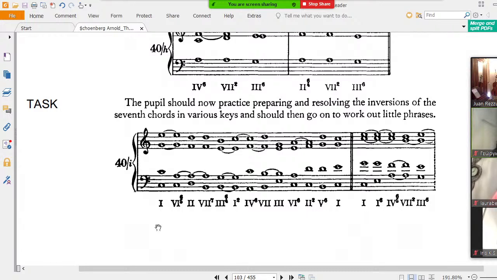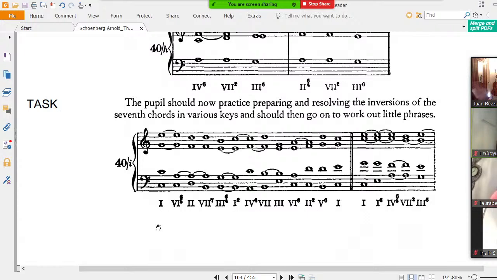Now, on top of that, because our mind has to be in everything, at least at the beginning of the exercise, include a tonic prolongation, using whatever 6/4 chord you want: passing, neighboring, whatever.